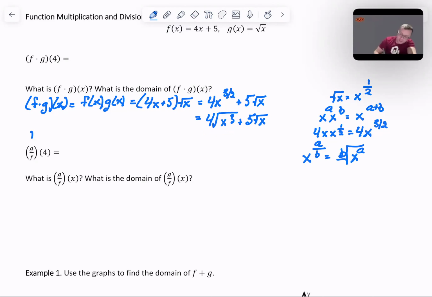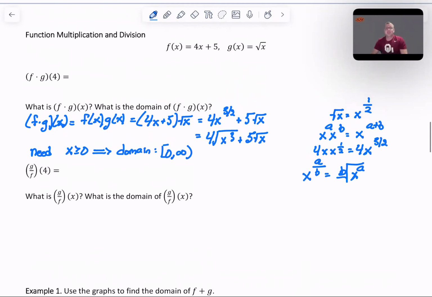So we need x greater than or equal to 0 for this function to be defined, which implies that the domain is from 0 to infinity, including 0. And it includes 0 because it's in the numerator. There's no denominator, so we can include 0 at that point.